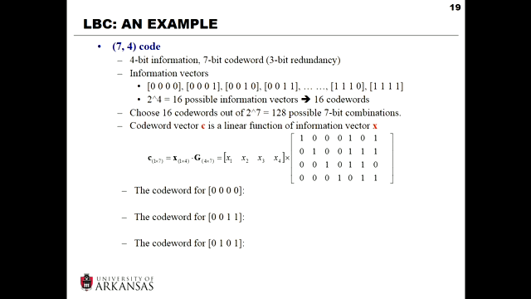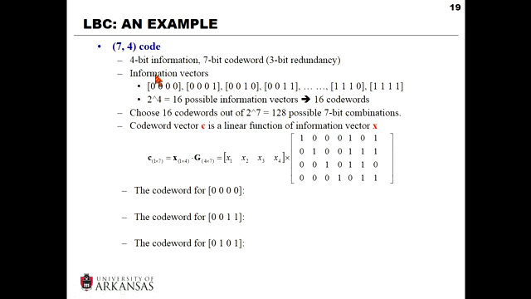And for the information vector, because we are using 4 bits of information, there are 16 possibilities of information, right? From 0000, 0001, all the way to 1111. Okay, so we have k bits. Each bit has 2 possibilities. We have a total of k bits, so there are a total of 16 possibilities.